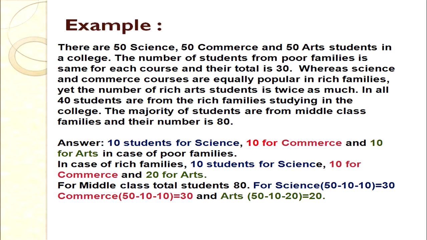Likewise, 50 minus 10 minus 10 gives 30 students for commerce. Now, for arts, 50 minus 10 minus 20 equals 20. Now, I have taken out the data and classified it into similar groups, the first step.